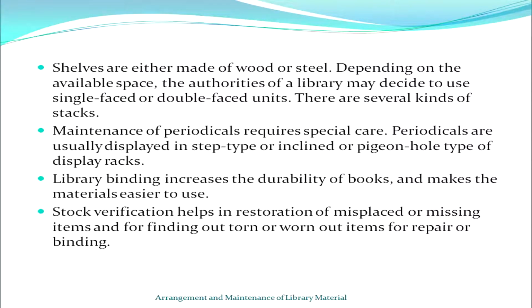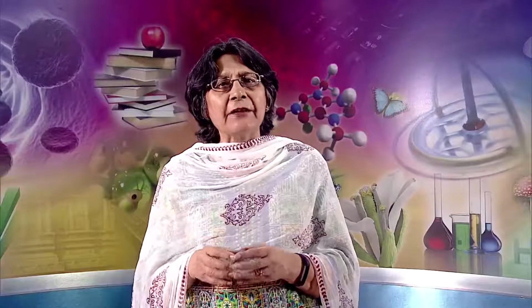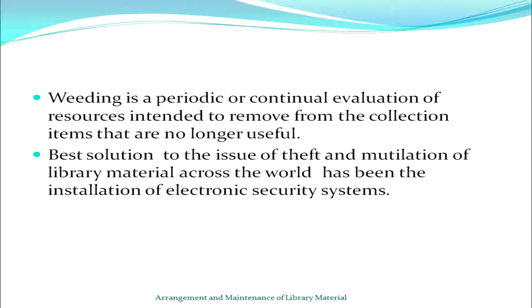Then stock verification is another aspect of maintenance which helps in restoration of misplaced or missing items and for finding out torn or worn out items for repair or binding. We also learned that weeding in a library is a periodical or continual evaluation of resources intended to remove from the collection items which are no longer useful.